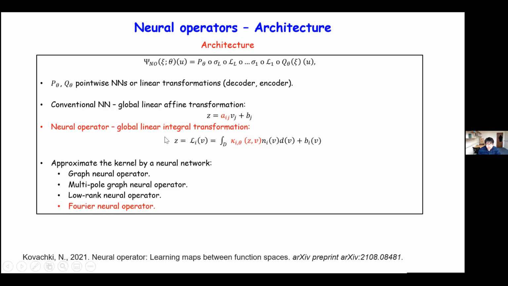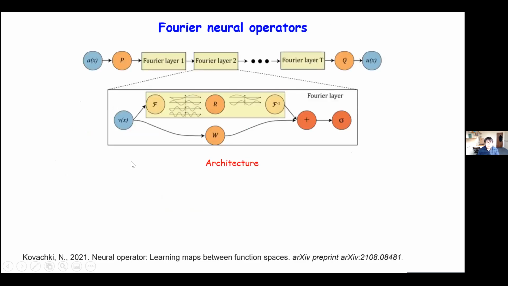You can prove that graph neural networks are a discretized version of graph neural operator. We have multiple graph neural operators, low rank neural operator, and Fourier neural operator. Among all of these, what we find the most successful for solving PDEs is the Fourier neural operator, and I'm going to focus on this architecture in the next couple of slides.